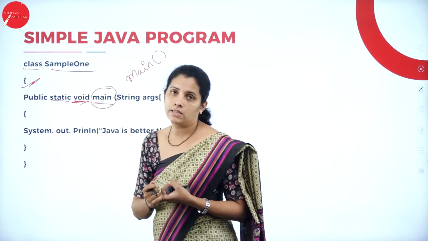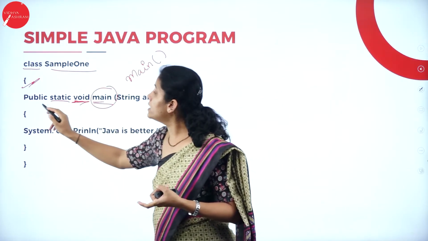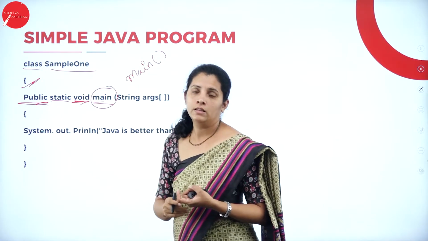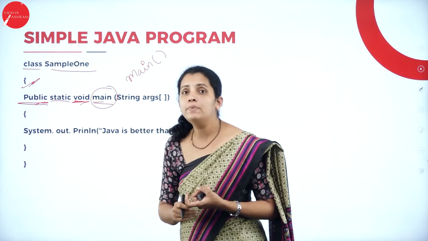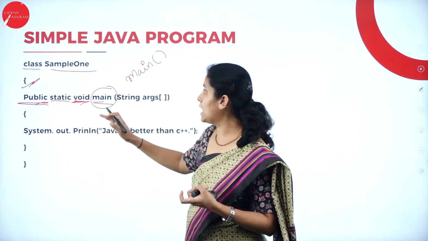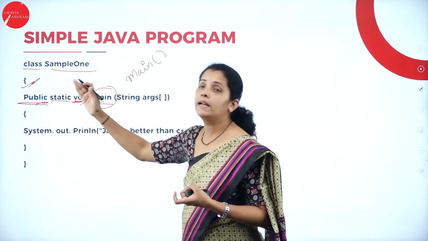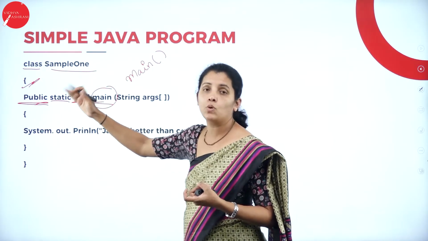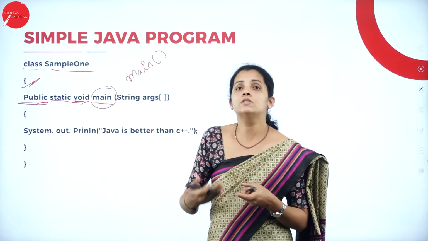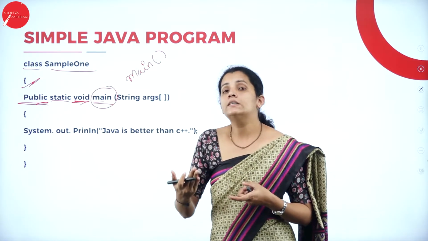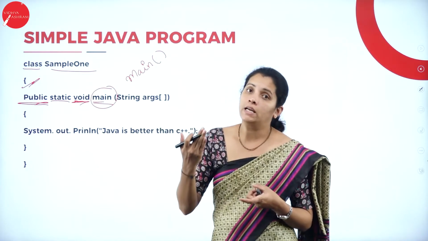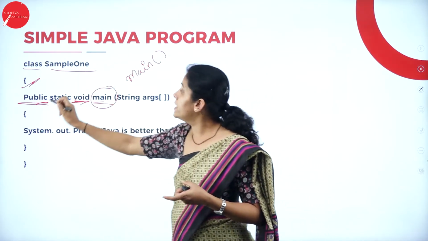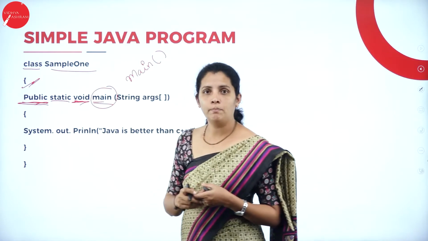That is sample1. And what is public? That means it is accessible throughout the class. That means it is indicated by public. So what is public? That is global. That means it is accessed throughout the class. It is indicated by the keyword public.